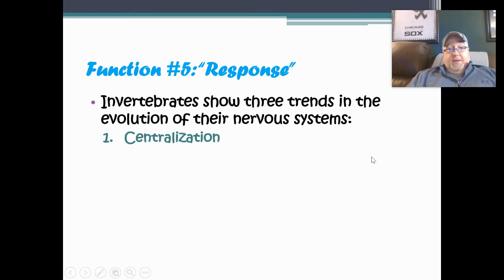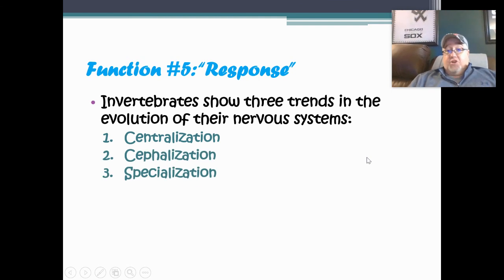Response to stimuli, another function all living things have to do. Invertebrates typically show several different trends in their nervous system. We call them centralization, cephalization, and specialization.